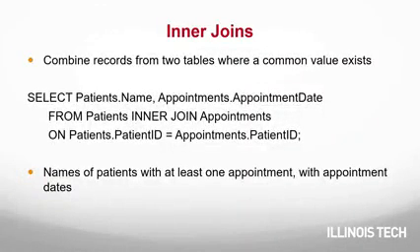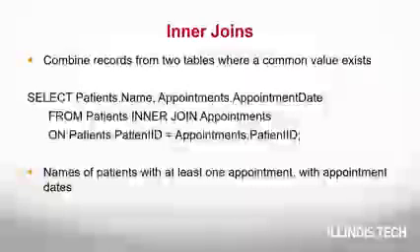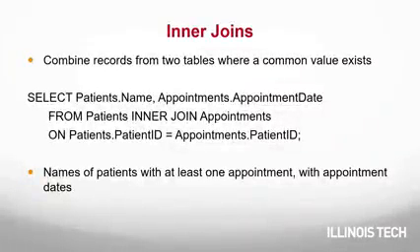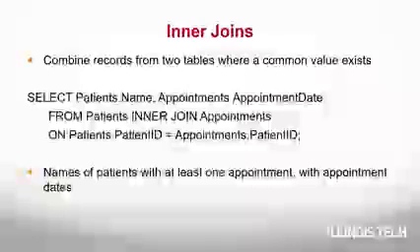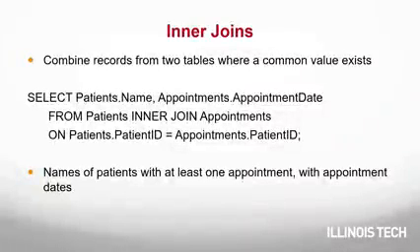So we're selecting the name of the patient from the patients table, the date of the appointment from the appointments table, and then we're inner joining from patients inner join appointments. So we're doing an inner join between the patients table and the appointments table, such that the patient ID in the patients table is equal to the patient ID in the appointments table. In other words, we're saying associate each patient with all of the appointments for that particular patient.